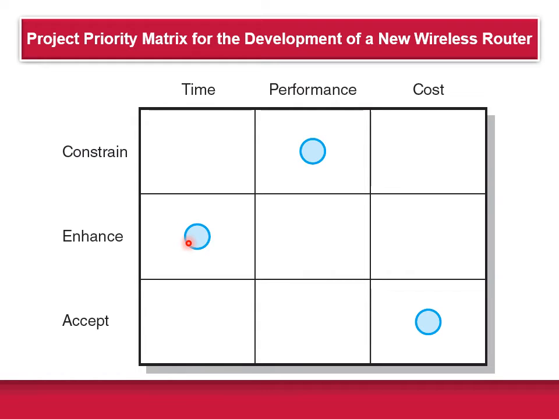In doing so, going over budget is acceptable. That's where the cost here is accept. It's okay to go over budget. It's not desirable, but it's okay. Now, at the same time, the original performance specifications cannot be compromised, so we have to keep that the same as it was.